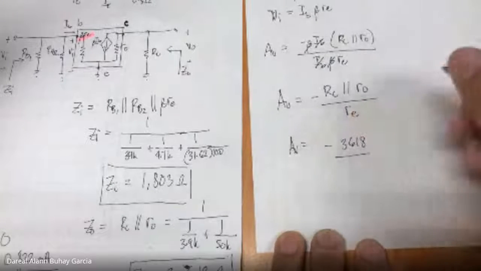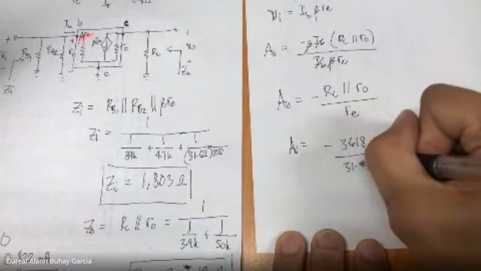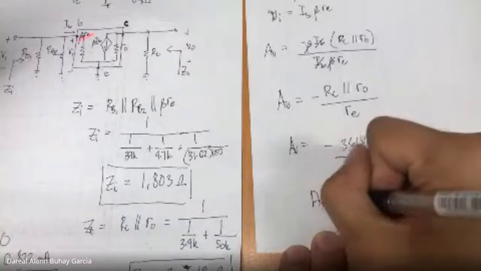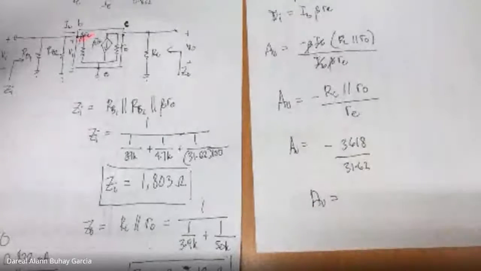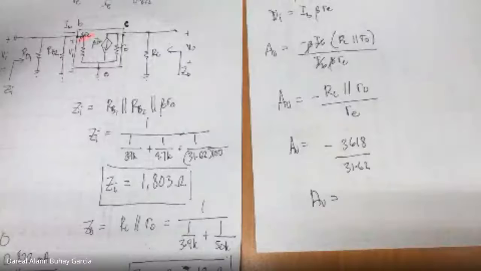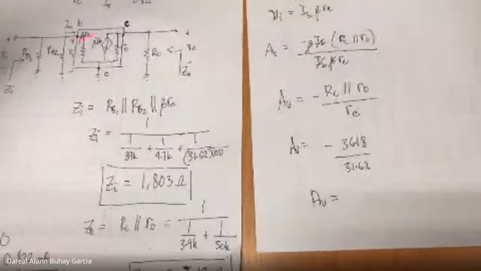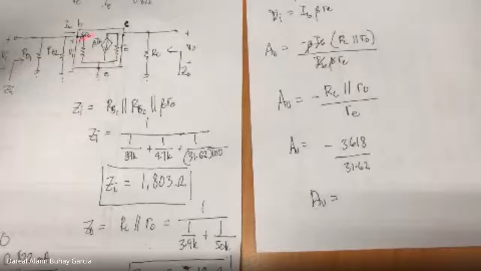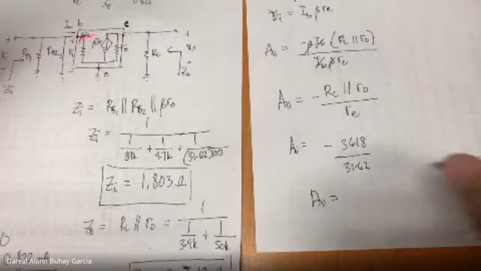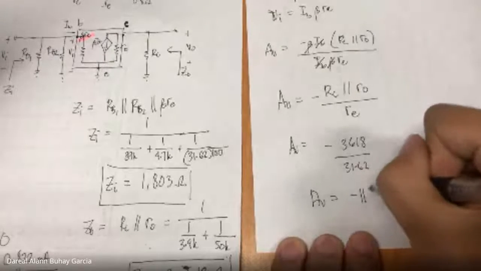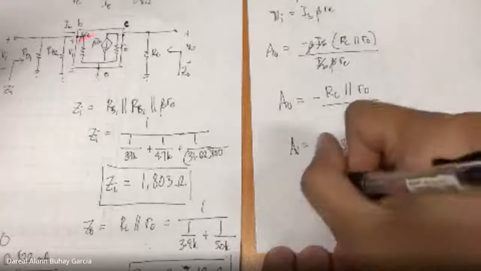RE is 31.62. Therefore, the voltage gain is 114 approximately.